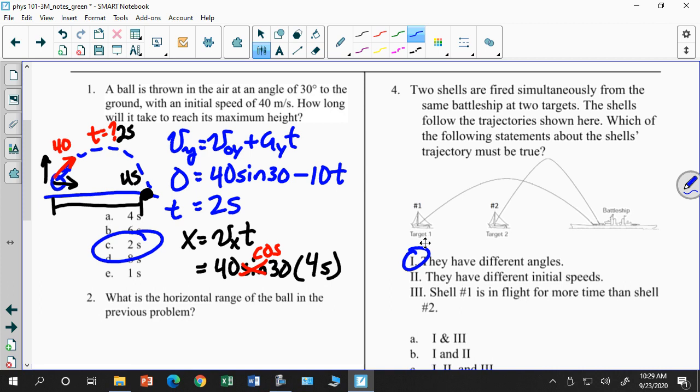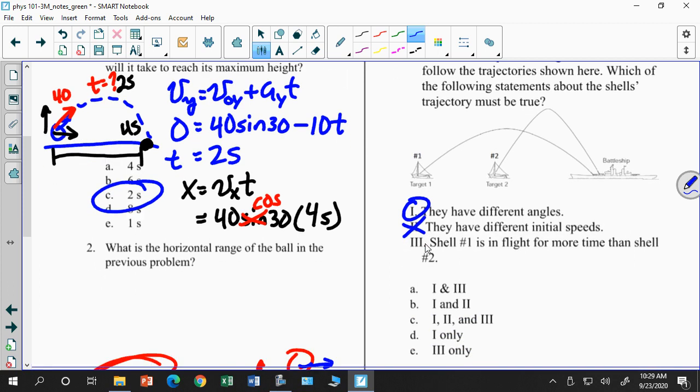Yeah, not necessarily. Shell 1 is in flight for more time than shell number 2. Yeah, so that's not true. Shell number 1 is actually in flight for less time. So the answer would be 1.